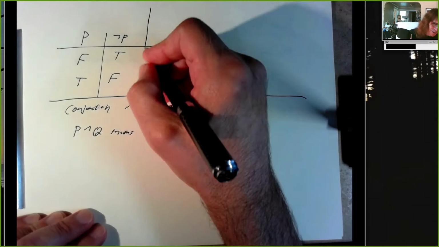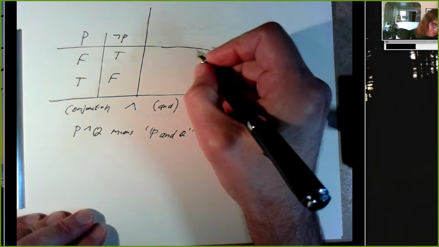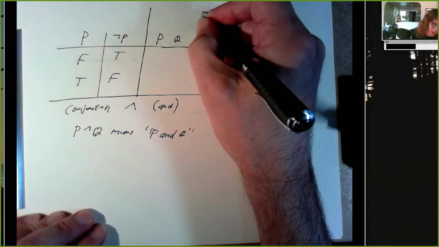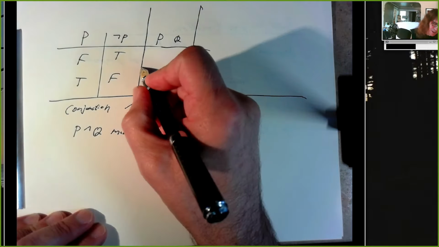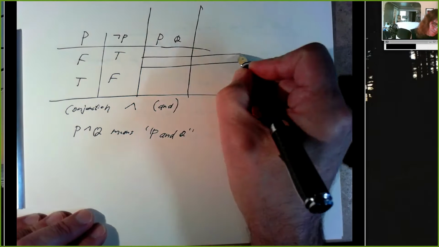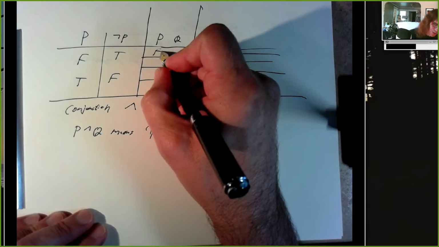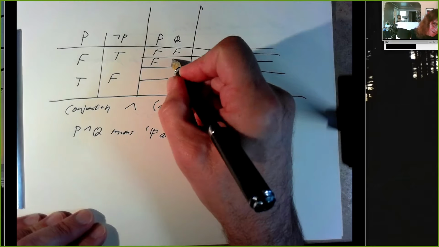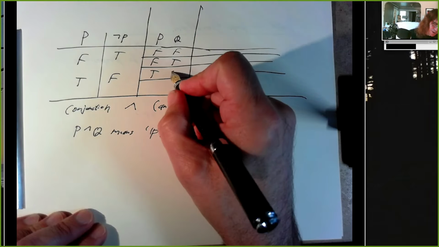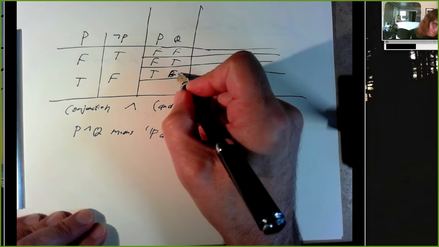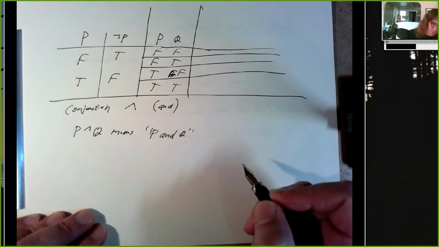And I can make a truth table for this. So for a pair of propositions P and Q, exactly one of four things is true. They could both be false. P could be false, Q could be true, P could be true, and Q could be false. Or they could both be true.